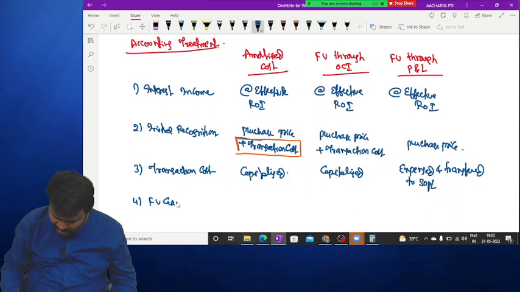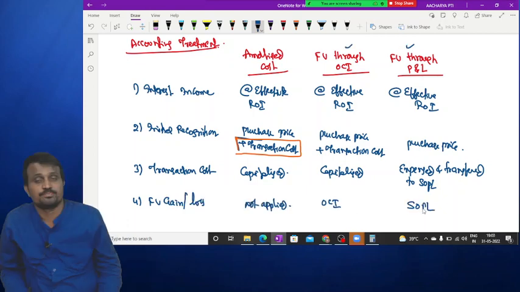So that's why no fair value is considered at the end of every year. Fair value is considered only in the second and third methods. In case of the second method, the increase in fair value is transferred to other comprehensive income. But in case of fair value through P&L, that fair value gain or loss is transferred to the statement of profit and loss.